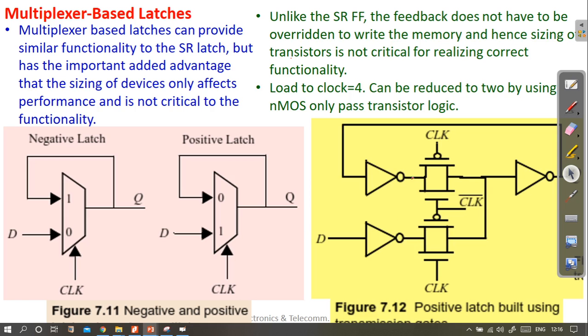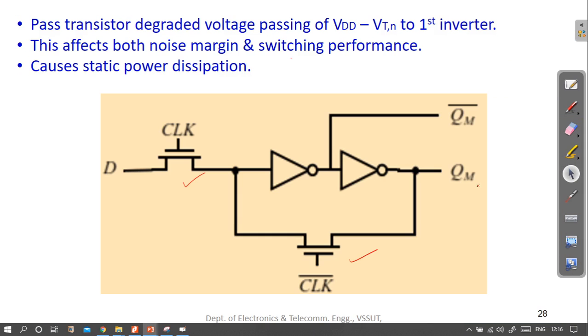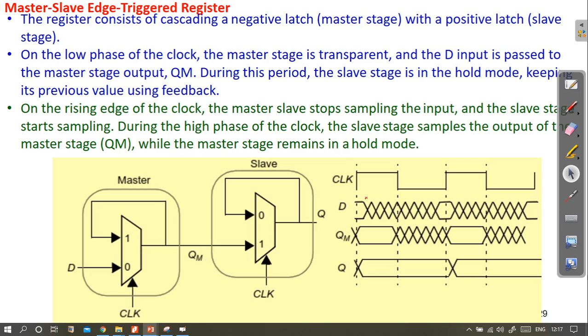Here we had 10 transistors used, and here 6. So the number of transistors reduced from 10 to 6. This is an advantage, but it also comes with certain disadvantages, so beware of that.